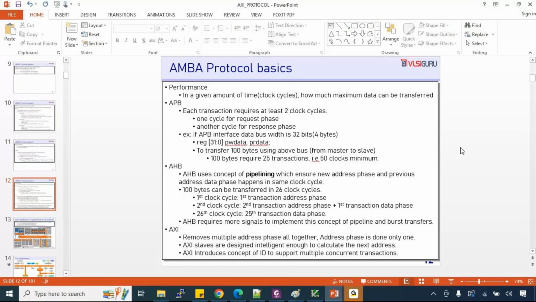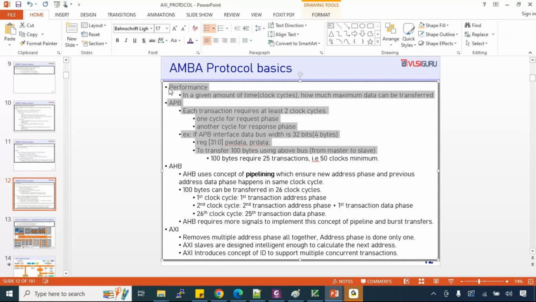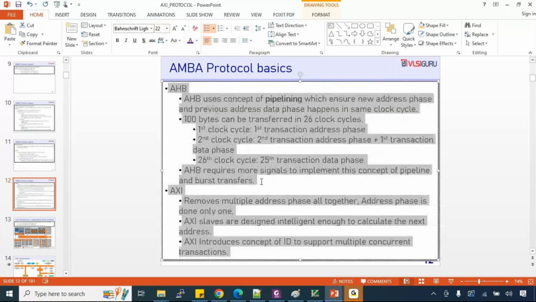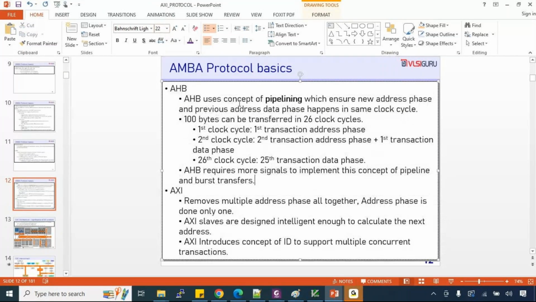When it comes to AHB, AHB uses a concept called pipeline.